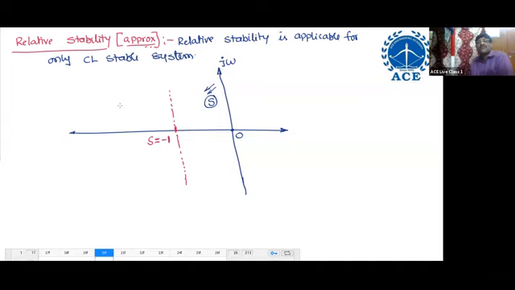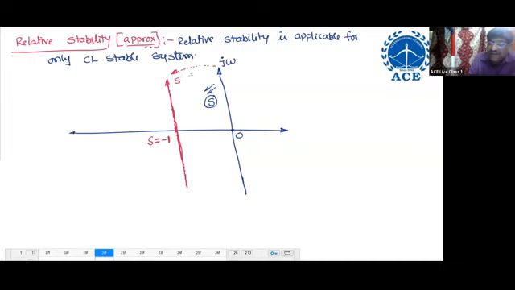For that, what you have to do is shift the axis. For example, I want relative stability about -1. I want to check whether the poles are left of S equal to -1. For that, first you have to shift the imaginary axis to the location of S equal to -1. We have to shift the axis location.